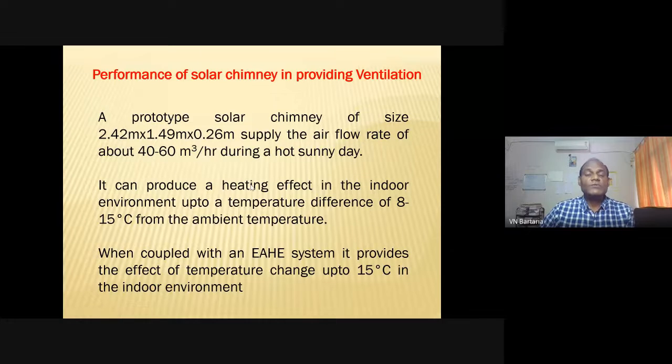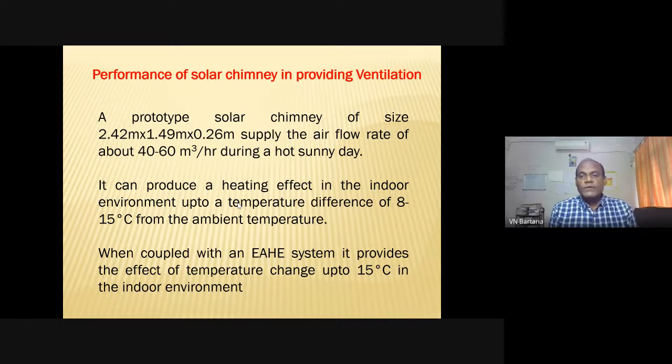In many places throughout the world, solar chimneys have been used to drive turbines also. So solar chimneys may be used to drive turbines and to get electricity. They provide so good an airflow rate that the rotor of the turbine can be rotated with the help of moving air.